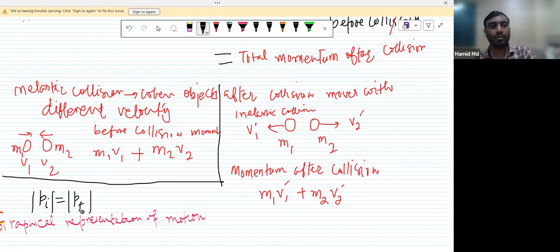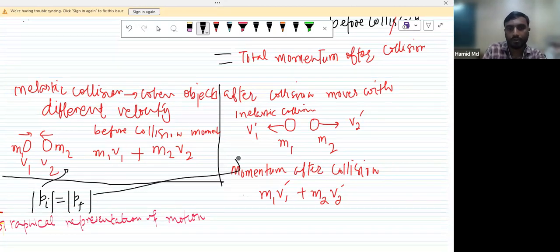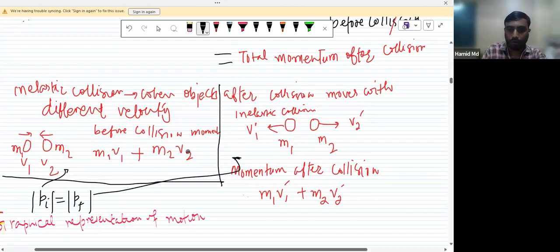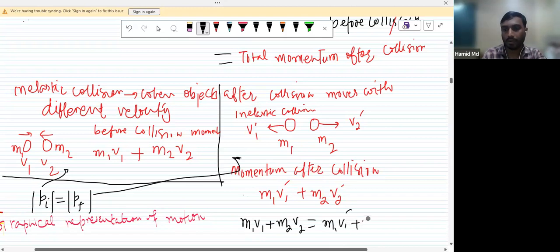The momentum before collision is Pi and the momentum after collision is Pf. So what is the Pi? This is M1 V1 plus M2 V2, that will be equal to M1 V1 prime plus M2 V2 prime. This statement is clear?